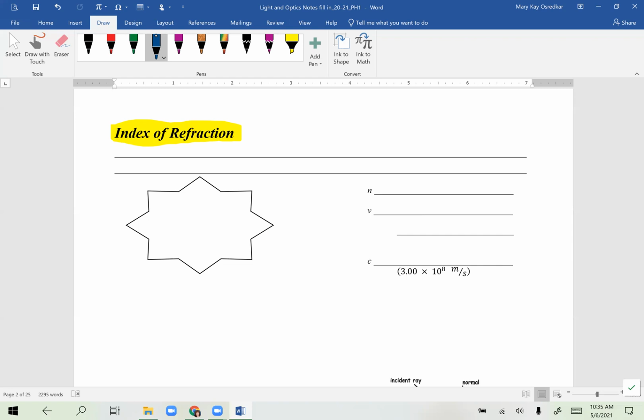But what you want to do is figure out what you made, and figure out how well you made it, how pure it is. And that we can get by the index of refraction. The index of refraction is actually the ratio of light speed in a vacuum to the velocity of light in the medium.